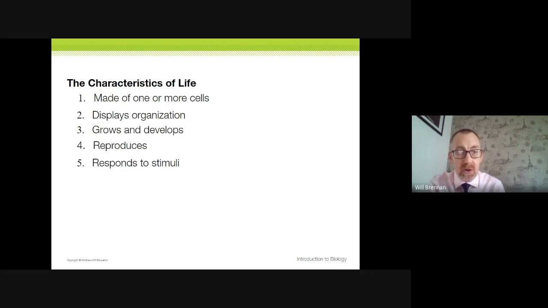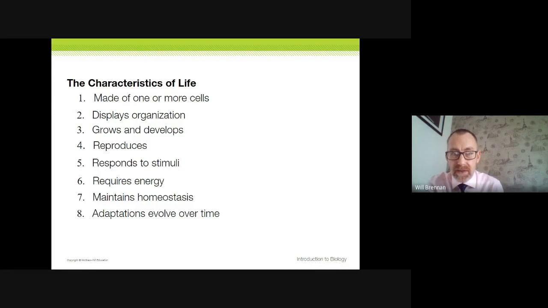Number 5, all living things respond to stimuli. Number 6, all living things require energy. Number 7, all living things maintain homeostasis. And number 8, all living things show adaptations that evolve over time.